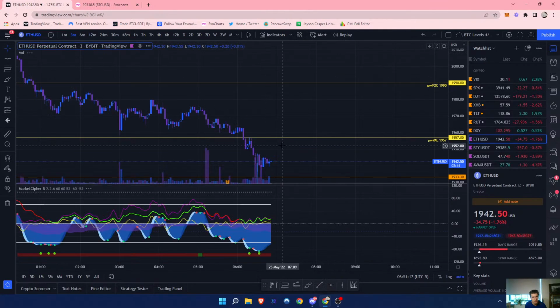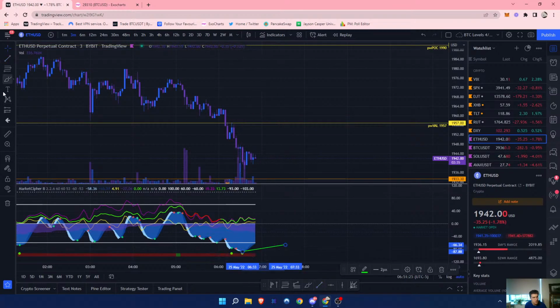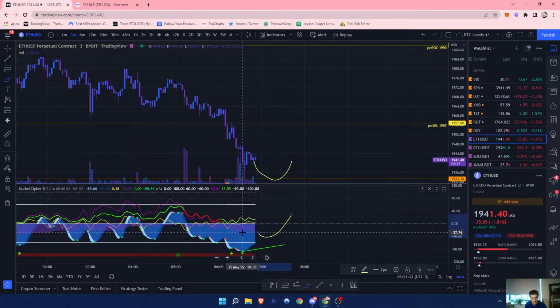So more of a 3 minute, where if we drop down, we'll get a bullish divergence coming back up. Again, you want to see that money flow increasing.